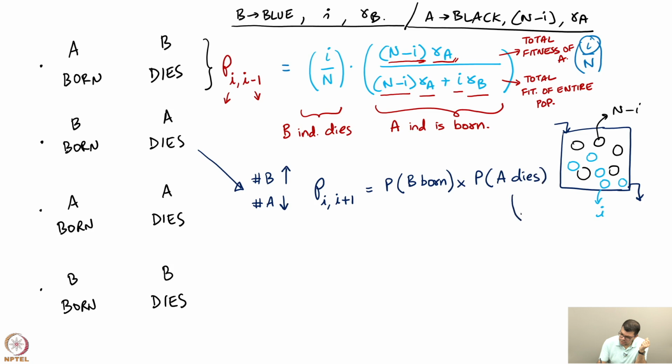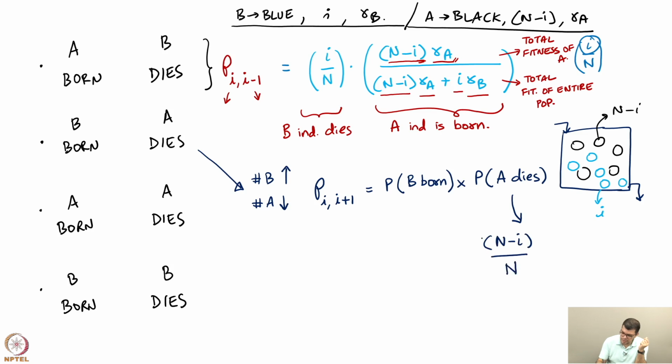We are going to use the same logic that we used in the above expression and compute the probability that an A individual is going to die, and that is simply going to be proportional to how many A individuals there are and how many B individuals there are. So, the probability of A dying is simply proportional to how many A individuals there are in the population, which at this stage is n minus I divided by n.